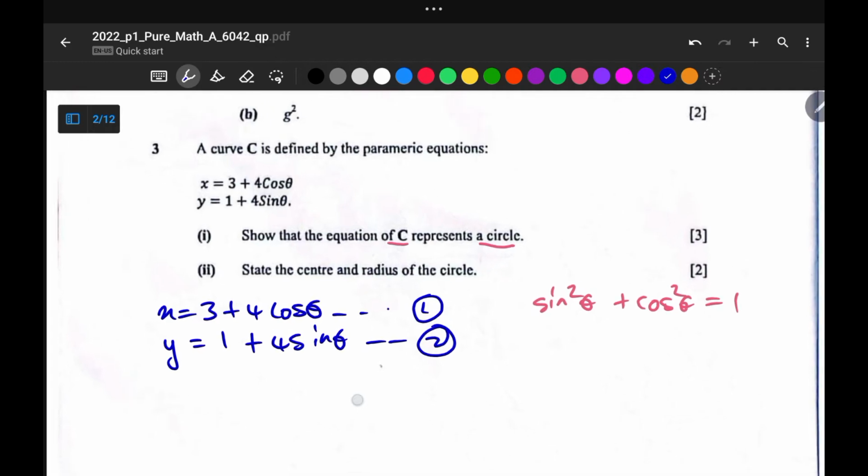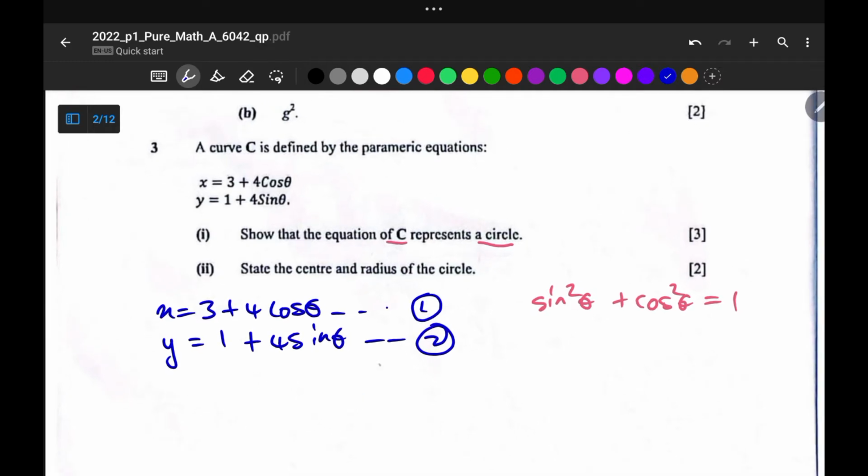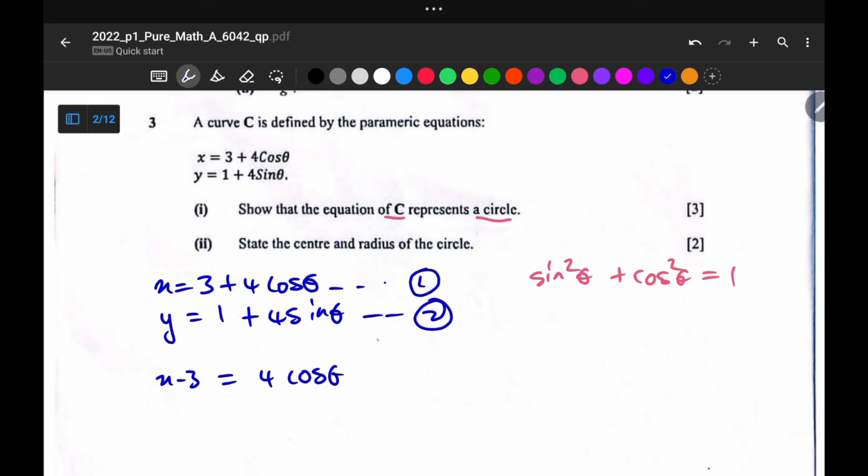So let us start with the first equation. For us to make cosine theta the subject, we are going to subtract 3 from both sides. So we now have x minus 3 equal to 4 cosine theta, and let us divide both sides by 4. So it is now 1 over 4 times (x minus 3) equal to cosine theta.